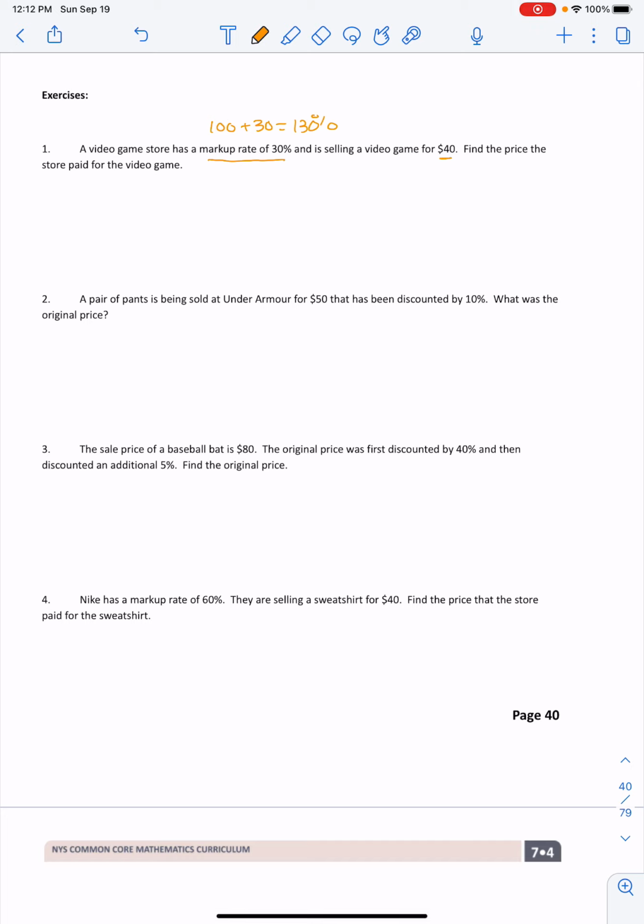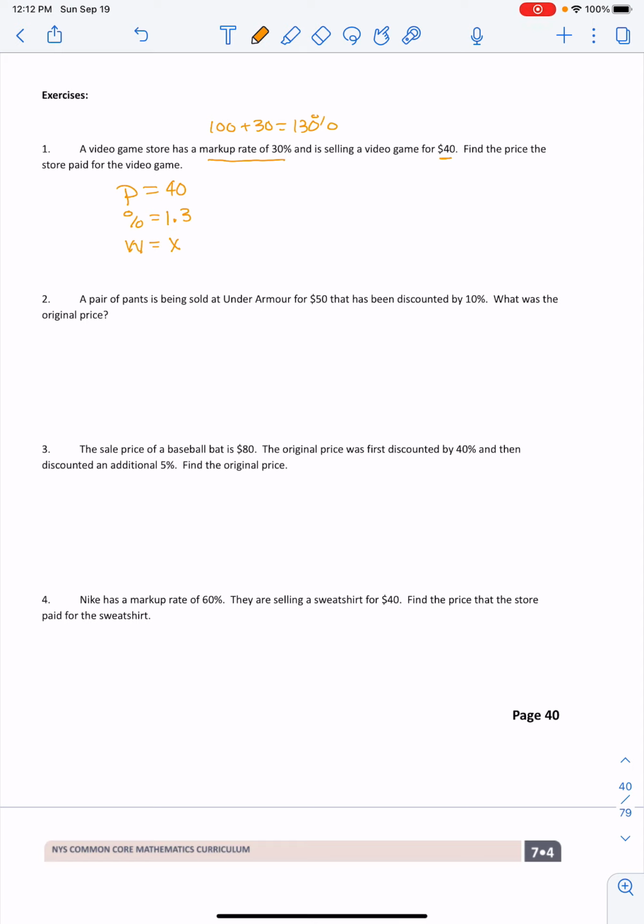So now we've got P, percent, and whole. So our part is 40, because we want to know how much the store paid, not how much they're selling it for. So we have 1.3, and we want to know what the store paid for it.